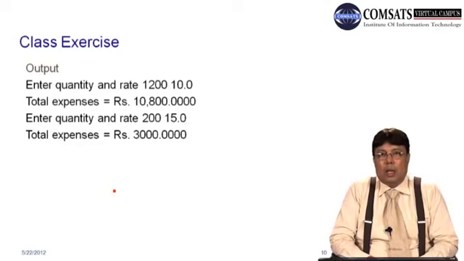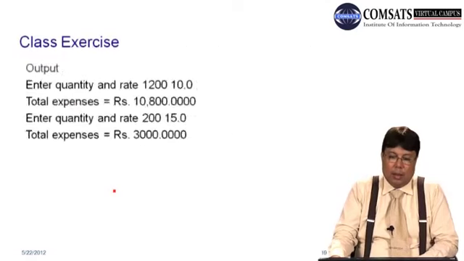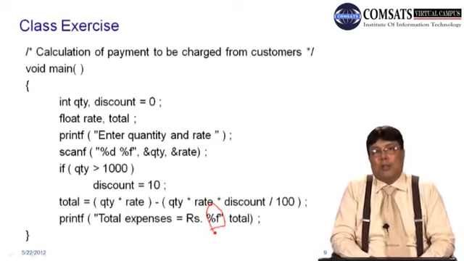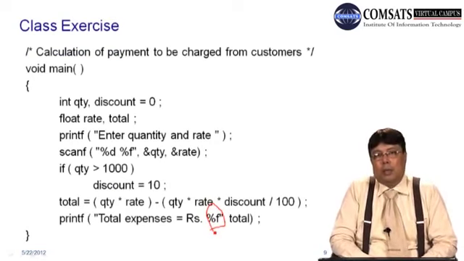You might have noticed an odd thing in this program, which is that there are 4 zeros after the decimal place. That's the point where you can use a format specifier with a decimal point.